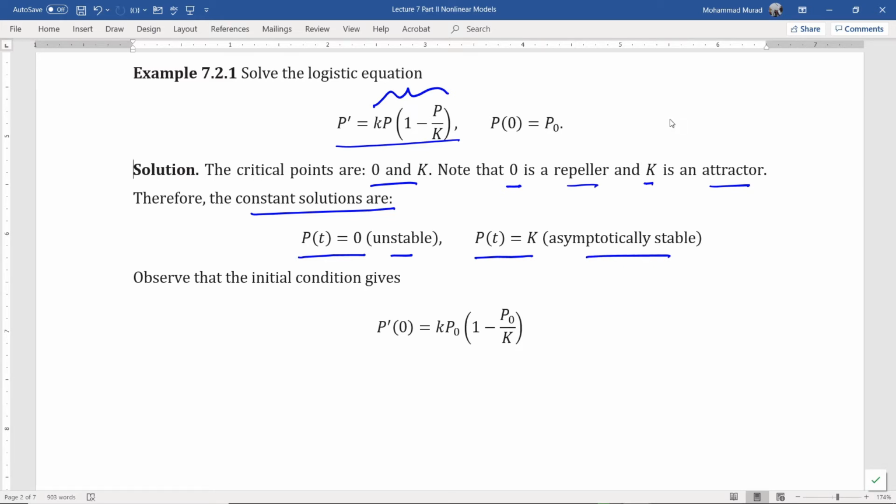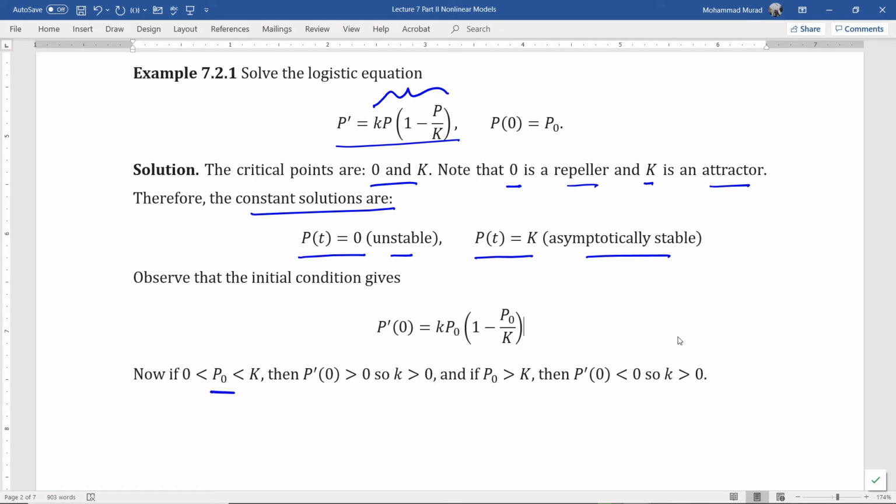We also observe that the initial condition gives P prime at 0, the rate of growth initially, equals k times P sub 0 times (1 minus P sub 0 over K). Now, if the initial population P sub 0 is smaller than the carrying capacity K, and the rate of growth of population at time 0 is positive, then we must have the quantity k positive.